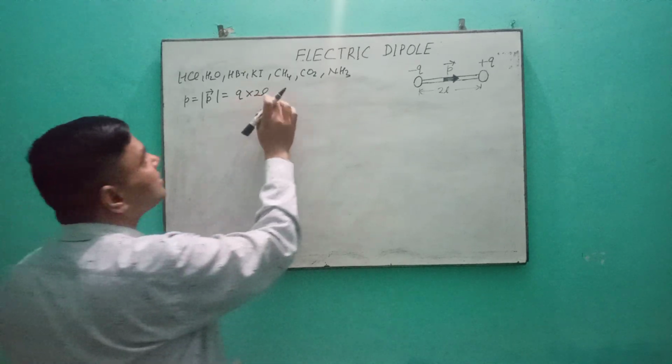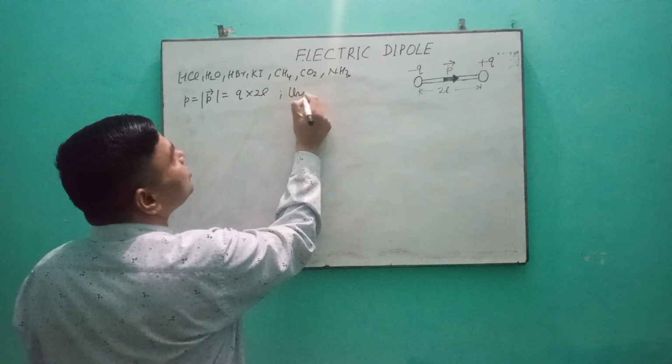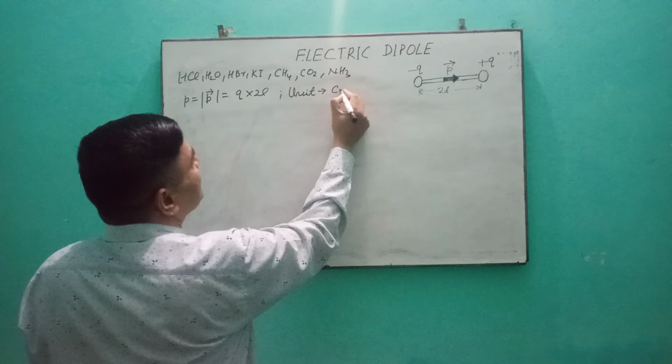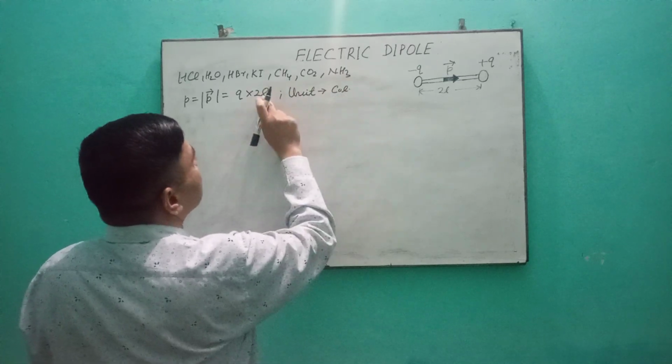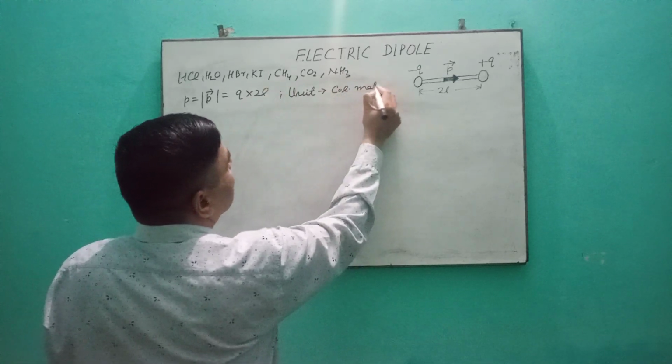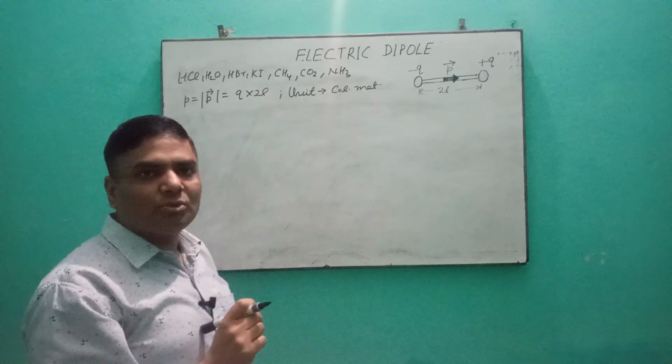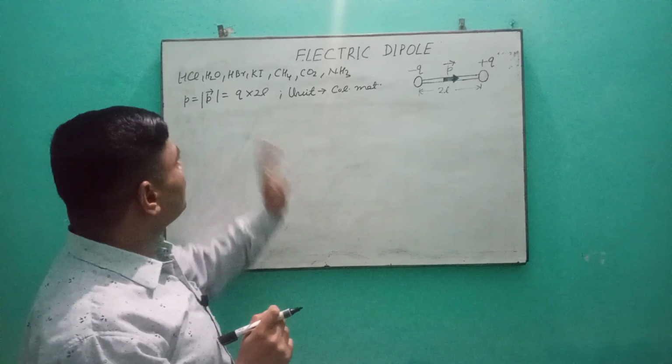From here we can find out its unit. The unit of charge is coulomb and the unit of length l is meter. So the unit of electric dipole moment will be coulomb into meter.